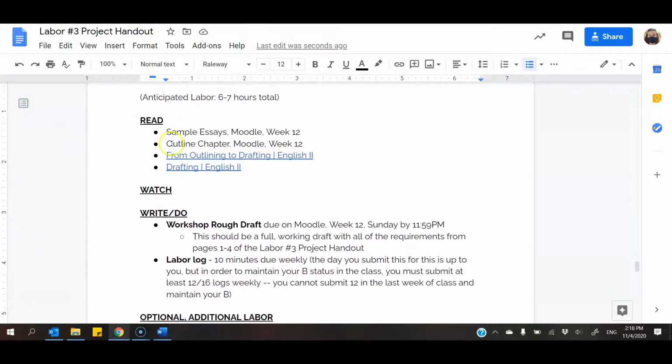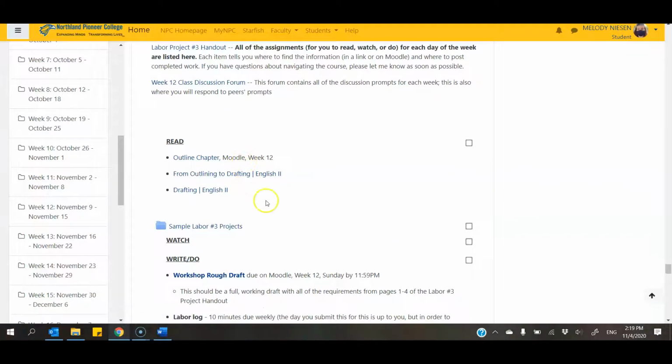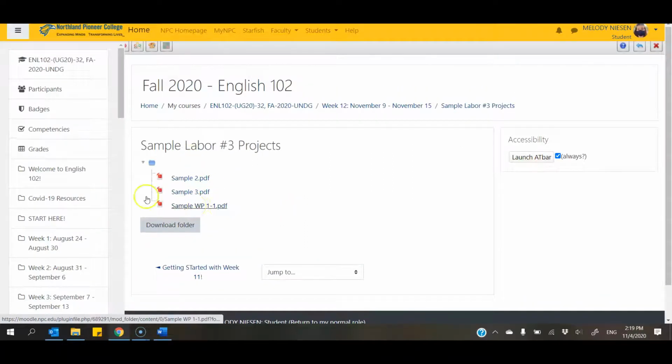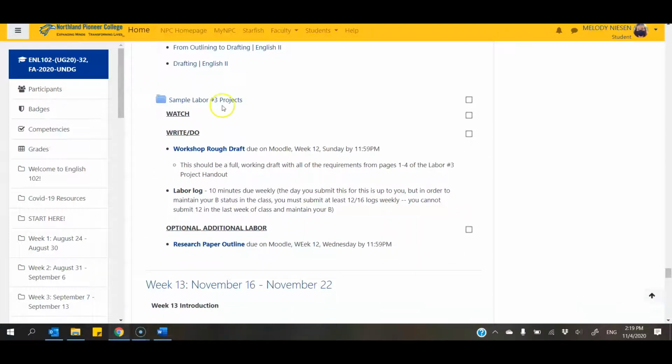So let's take a look at what this looks like on Moodle. We can see the reading assignments and the sample labor number 3 projects. There are several here for you to read. I recommend taking a look at all of them because they are good examples for you to look at. And then, of course, we have our rough draft, which is due on Sunday. And then here is the outline assignment.